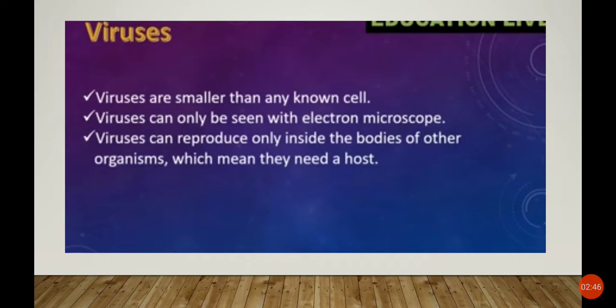As long as they are outside, they are like non-living beings. When they enter into a host, another organism, then they start living, and they replicate or reproduce their own bodies.